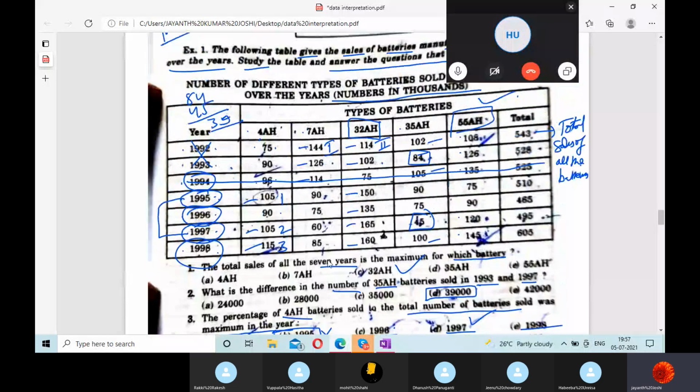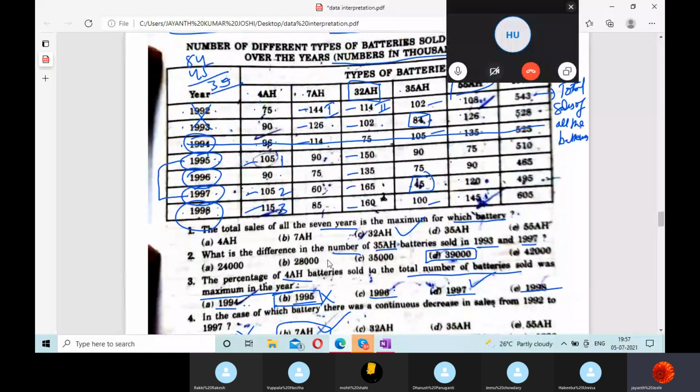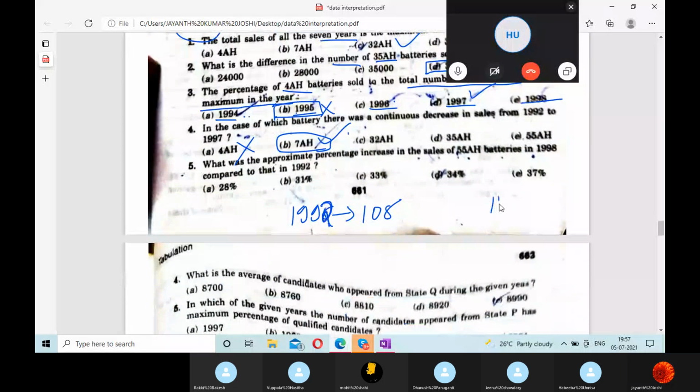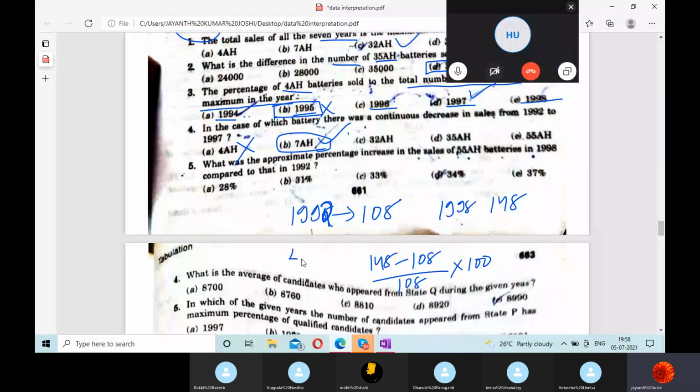Let's take 98. 98 is 145. They are saying the percentage increase. So 148 minus 108 by 108 into 100. Can you solve this and tell me what's the answer? So here 148 minus 108 is how much? Please tell me. 40. 40 by 108 into 100.